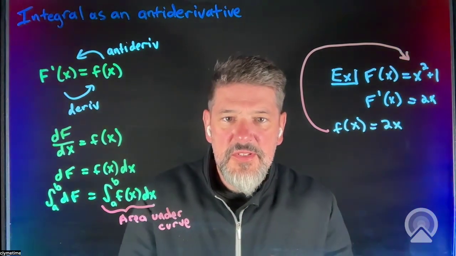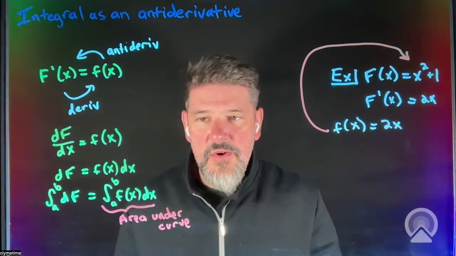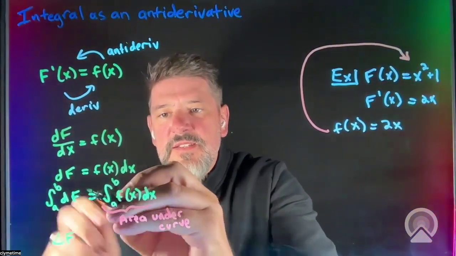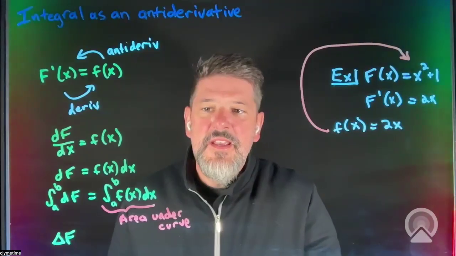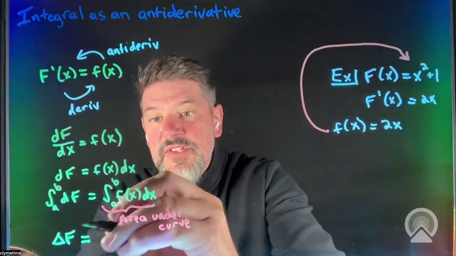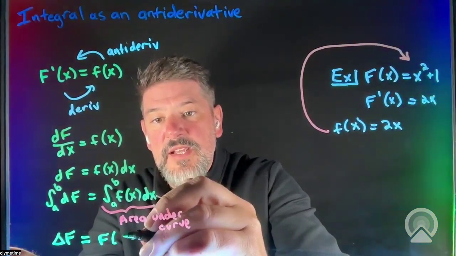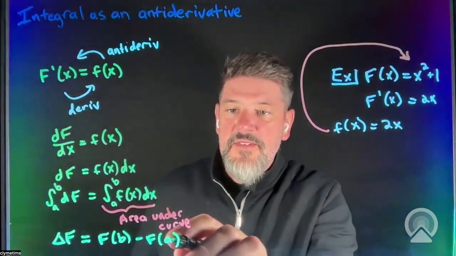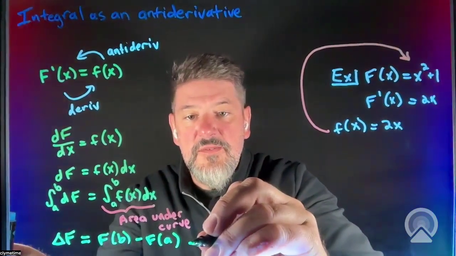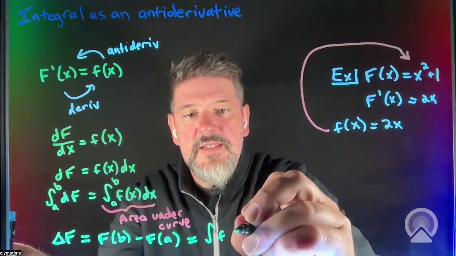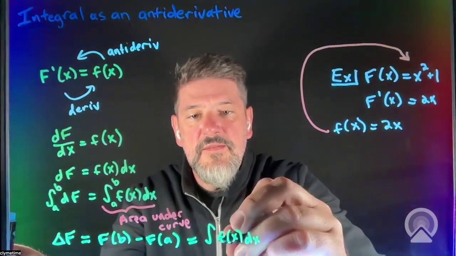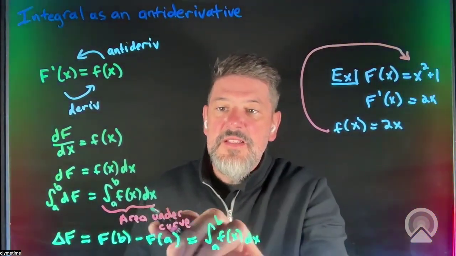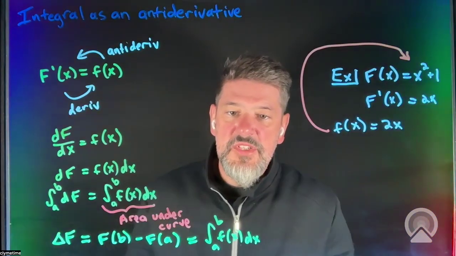So if you have a sum of all those little tiny changes, what you end up with is the overall change in capital F, because it's the sum of all the little tiny changes in F. And so once we do that, the definition of a change in capital F means it's capital F evaluated at B minus capital F evaluated at A, and that is the definition of change in F. But this is also equal to the integral of f of x dx from A to B. So while this is the area underneath the curve of little f, that's true, it's also equal to a change in capital F, which is the antiderivative.